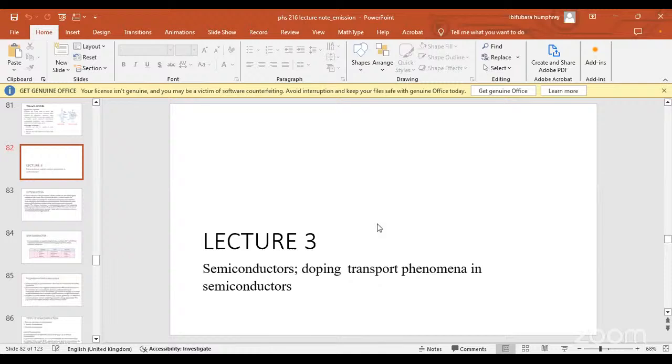While for conductors, they have excess free electrons.